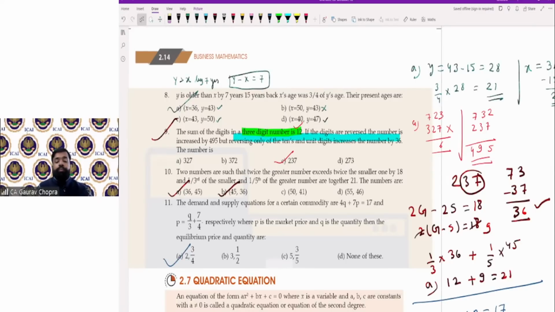So in this way, we had covered the basics, and after that we had done the solution of linear equations in one variable, that is, when only one variable is given, only x is given. After that, we covered 2 variables, 3 variables, and in most of the cases, you can solve by using the option method.